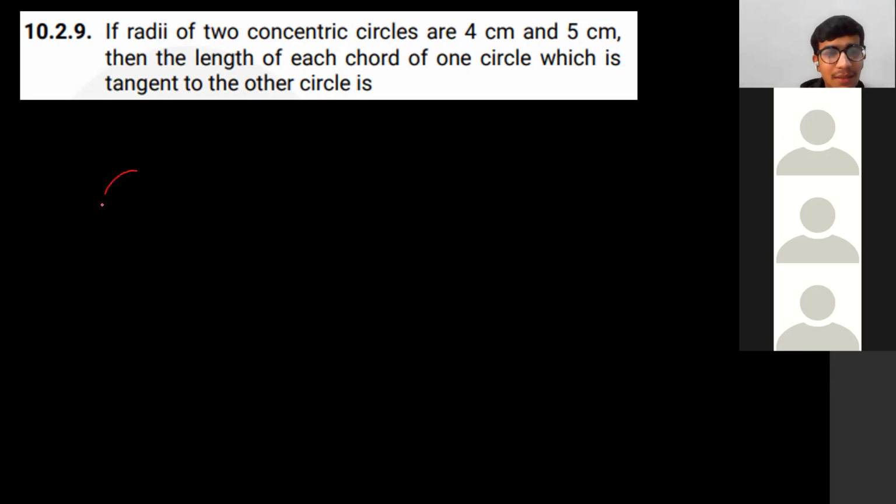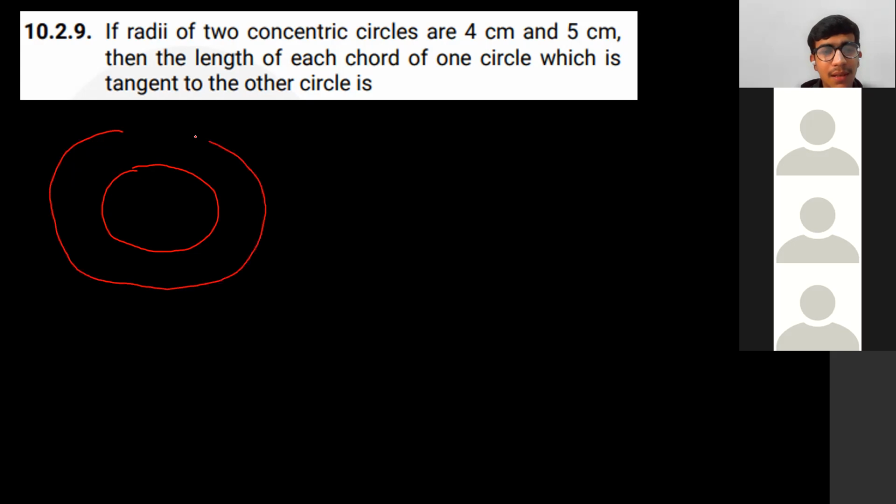So again, let's say we have two circles. I'm just doing this so that you get to know how to represent this as an answer in your boards. We have one of the radii as 4, the other one is 5. And this is a chord and the tangent to the smaller circle.